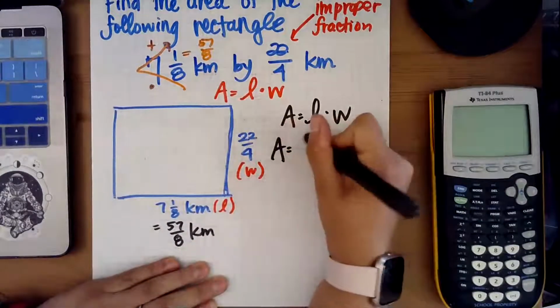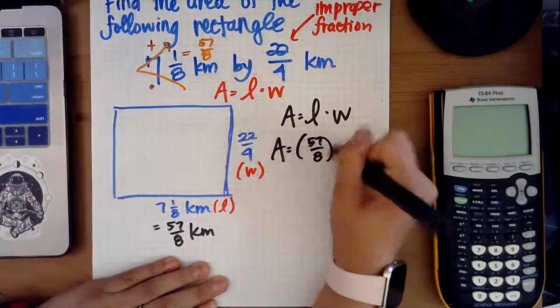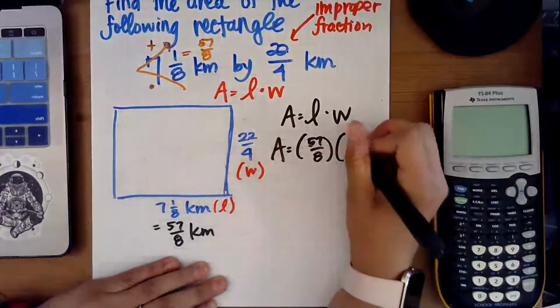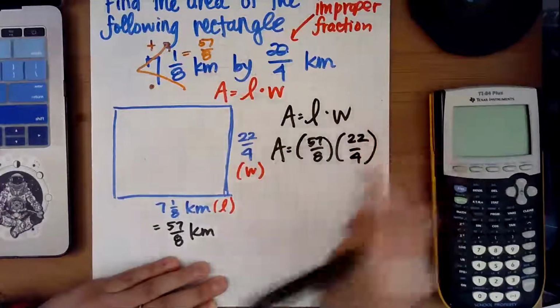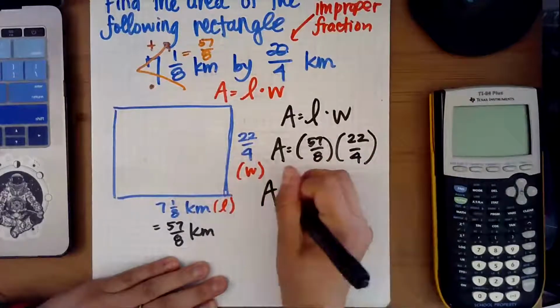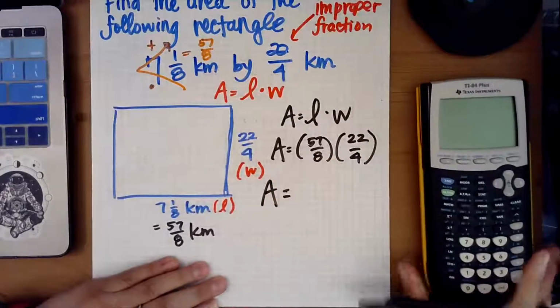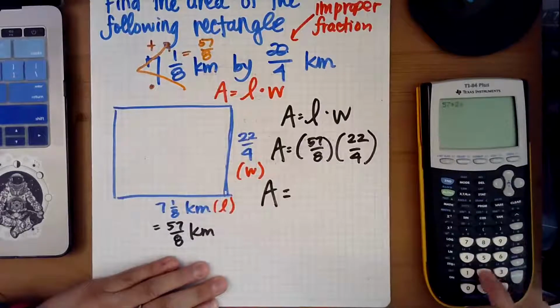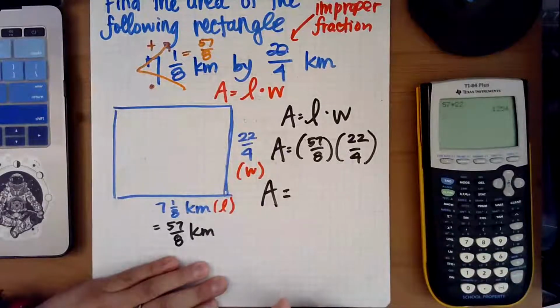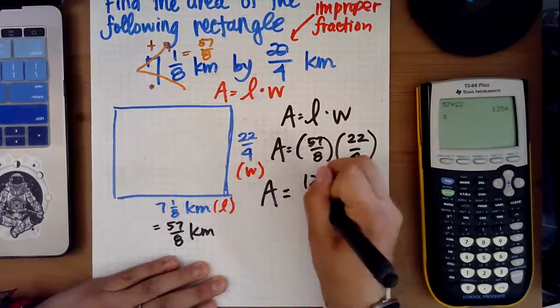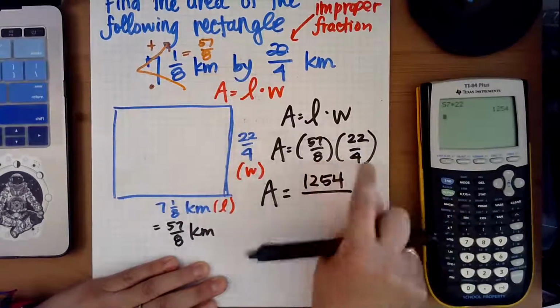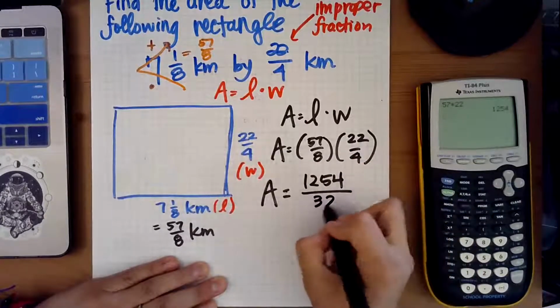So A is equal to 57 over 8 times 22 over 4. Now my rule says top, bottom, bottom. So 57 times 22 gives me 1,254 divided by 32. 8 times 4 is 32.